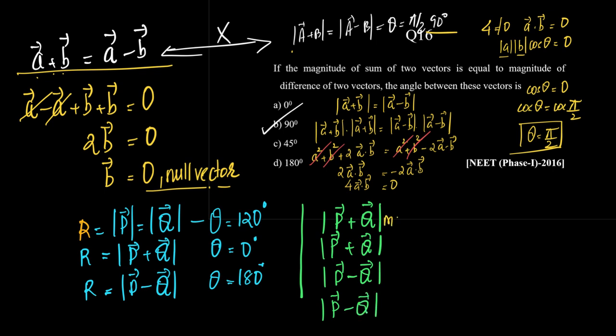Because we need the maximum of this, the minimum of this. We need the maximum value of this, P minus Q max, P minus Q min. Okay, so these are 2 things that we want.